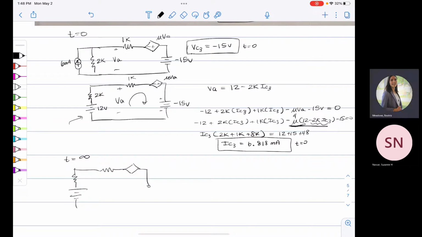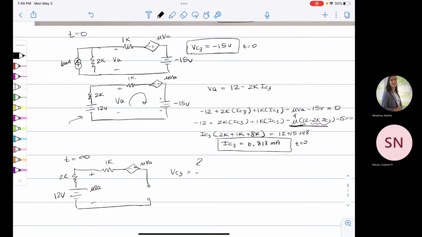And we said it's an open. Okay, so now what is going to be our VC3? So what is our VA at this time? Exactly. So now we can find VC3. What is that going to be equal to?